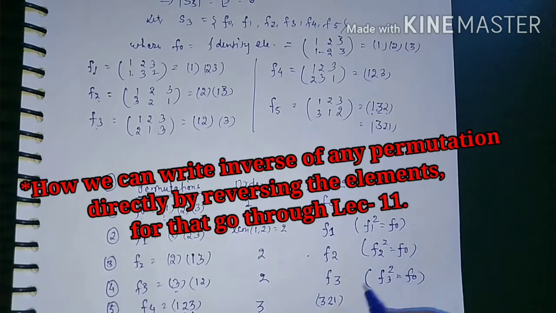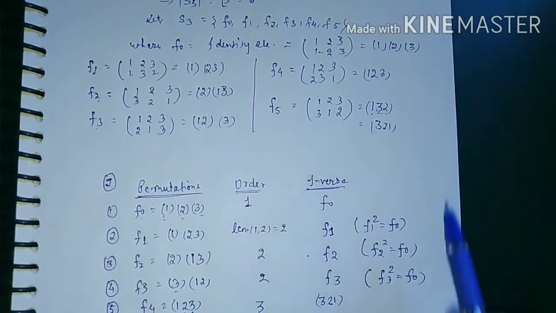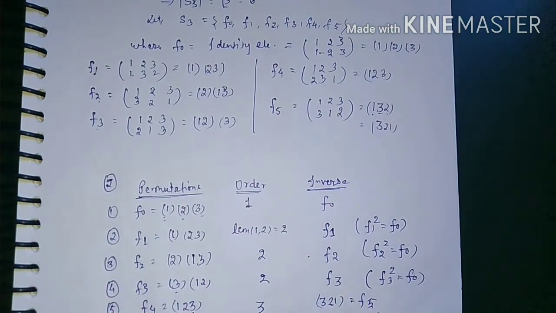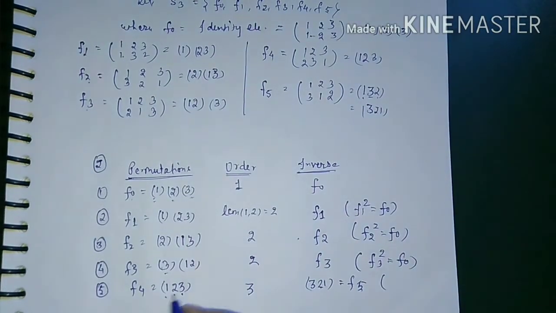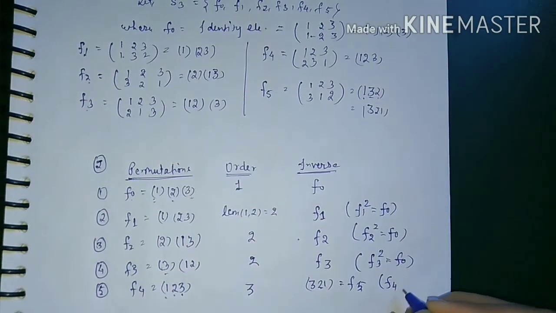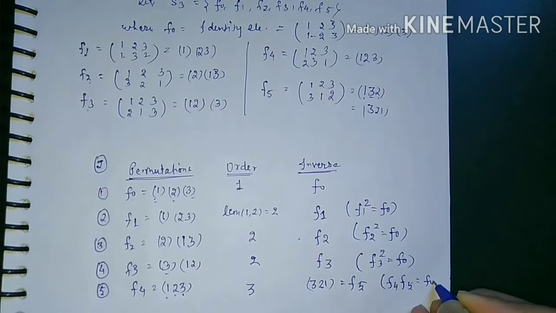And (3, 2, 1) is equal to F5. So the inverse of F4 is nothing but F5, and by this we can imply that F4 into F5 is the identity element.